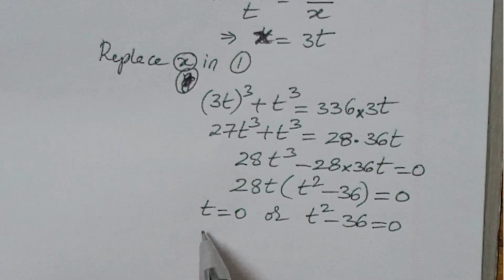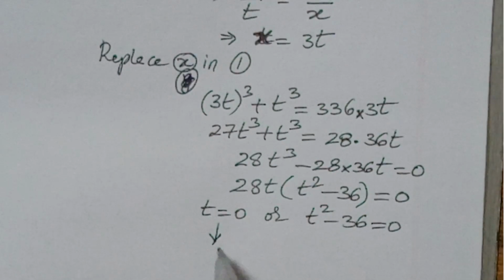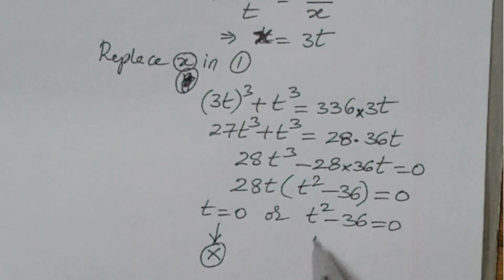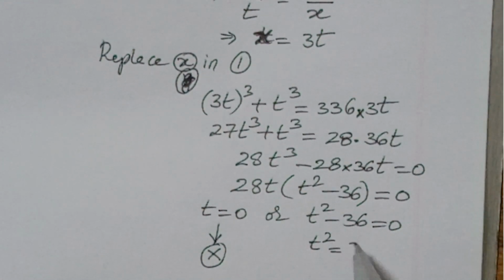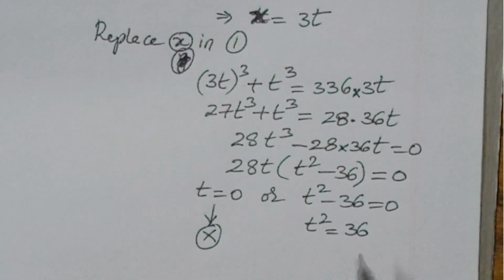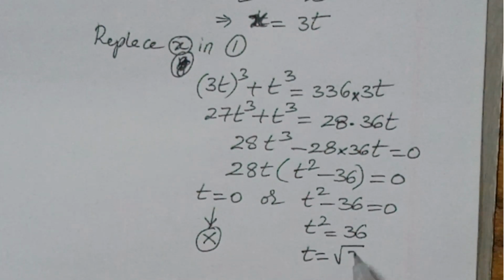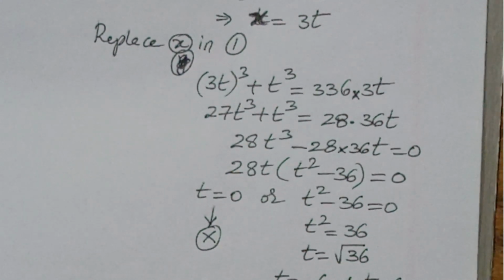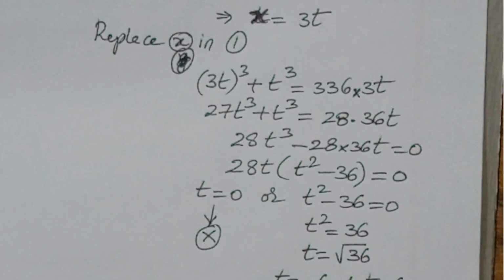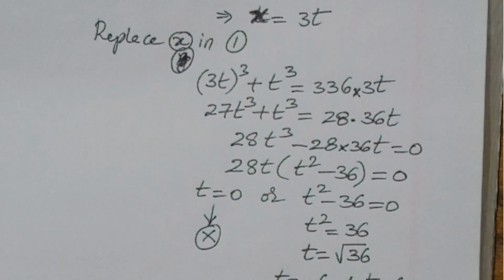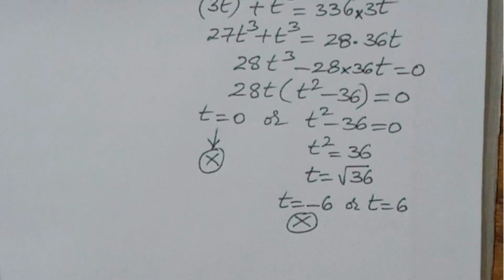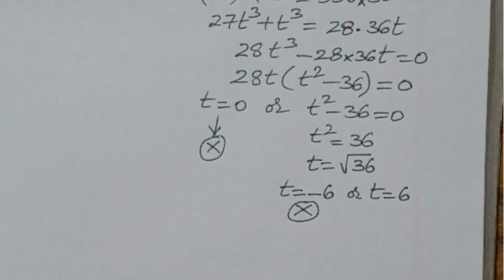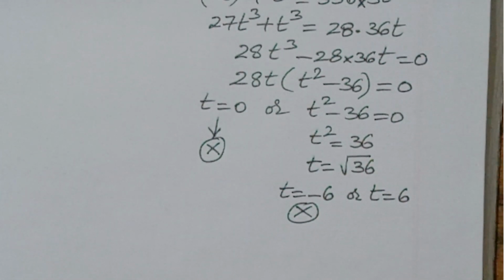So t value is greater than 0, so here you can neglect this value. t square is equal to 36. So t is equal to root 36. You will get t is equal to minus 6 or t is equal to 6. The t value cannot be negative, we have taken t greater than 0, so this value also you can neglect. Now t is equal to 6.